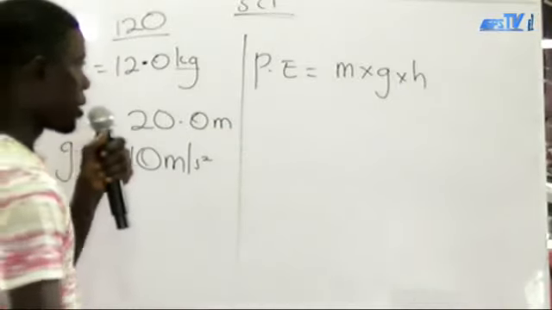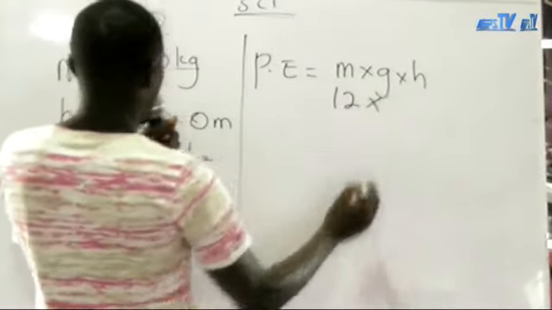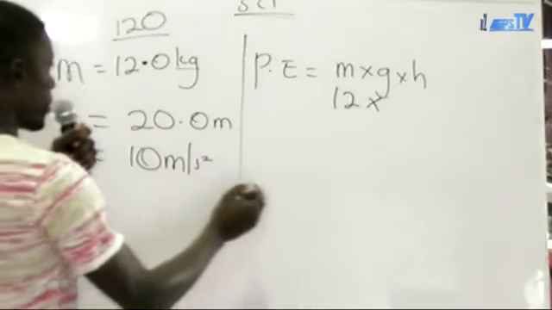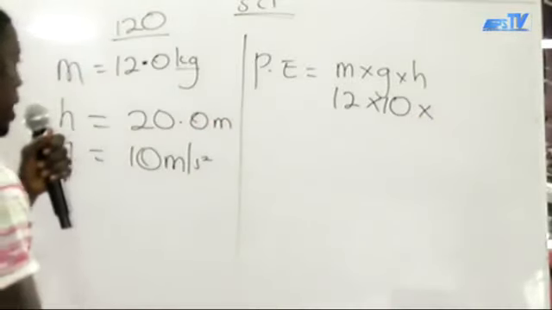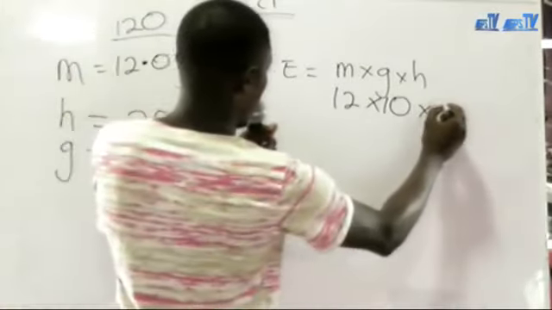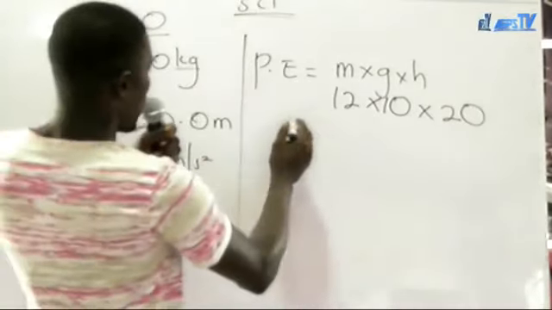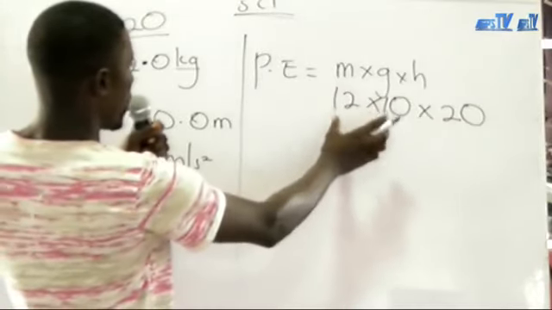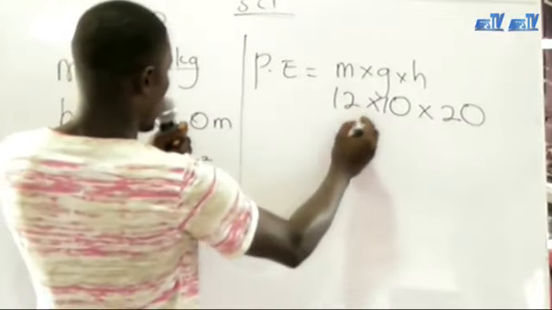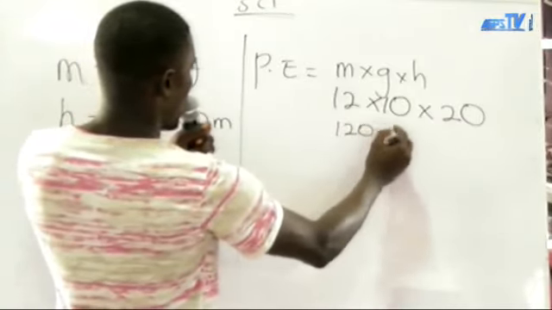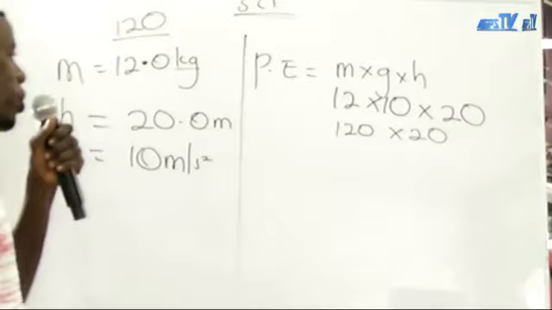Here the mass is 12, the gravity is 10 meters per second squared, and the height is 20. After writing down the formula, you just put in the figures. So 12 times 10 will give you 120, then 120 times 20.